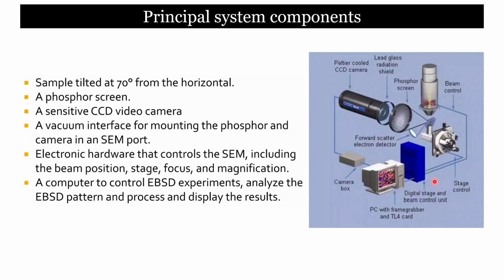We have already studied the basic SEM technique, so this is just the extension of your SEM, where you can add your phosphor and the camera in the vacuum itself to get your EBSD patterns. One thing is that you need to tilt your sample to 70° to get your EBSD pattern.